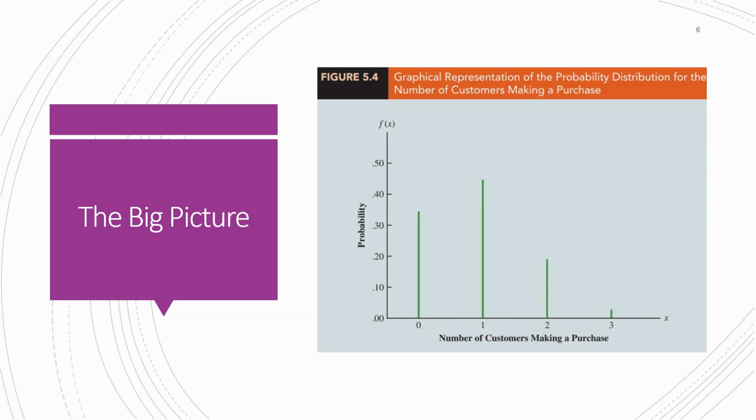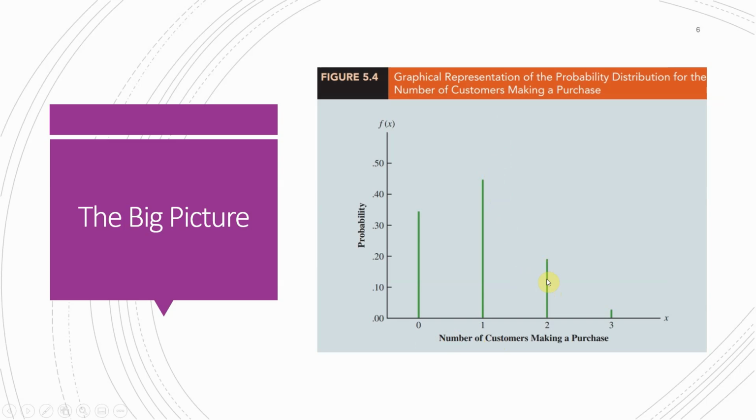So why do we care about this? The whole idea is that we can use probability distributions to calculate the probability of events. Like I said before, what's the probability that one customer will make a purchase? It's about 0.45, so it's somewhat likely. You could ask what's the probability that at least 2 people would make a purchase?